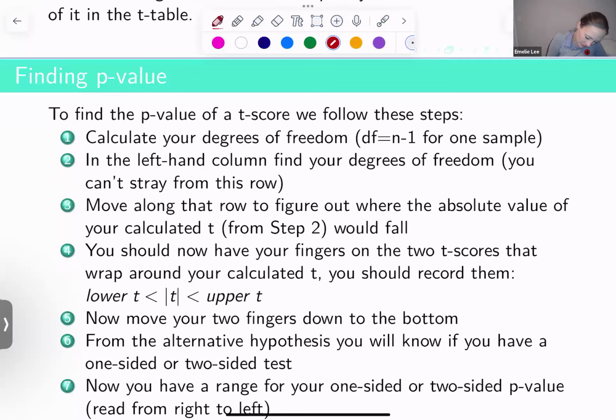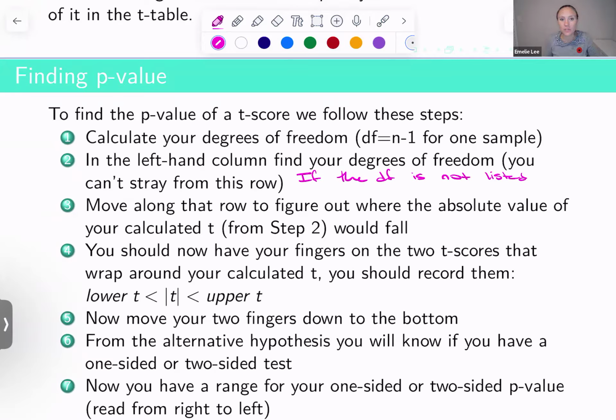I will make a note here. If the degrees of freedom is not listed, we always round down the degrees of freedom, which I guess is physically up on the table.